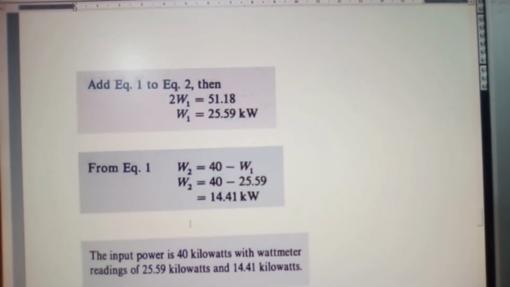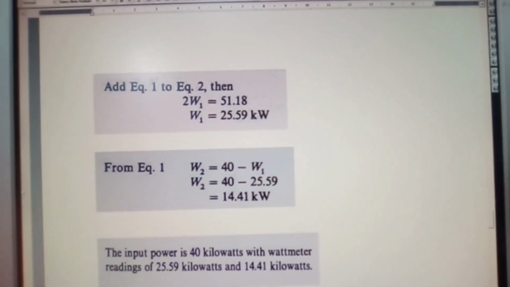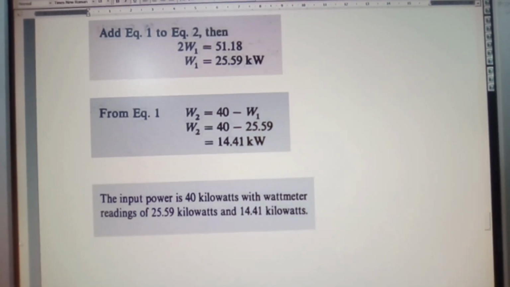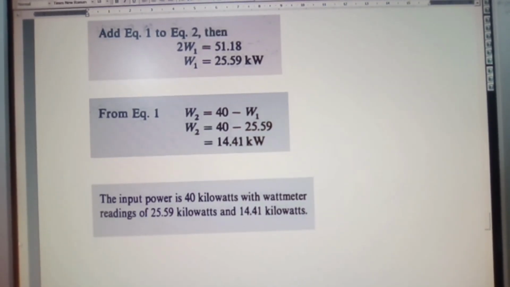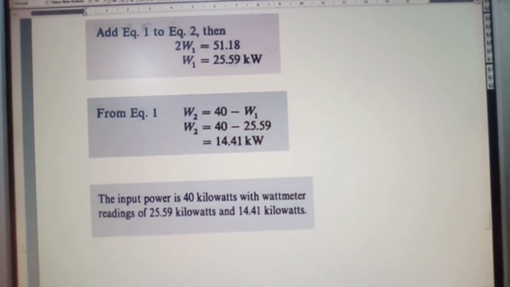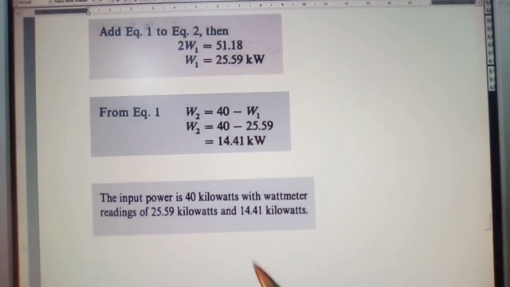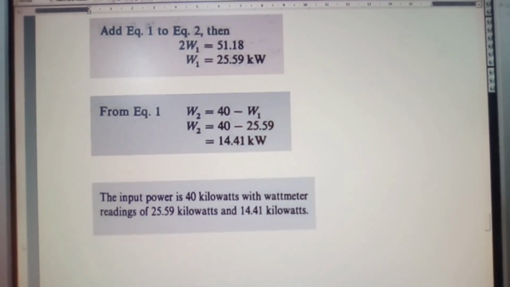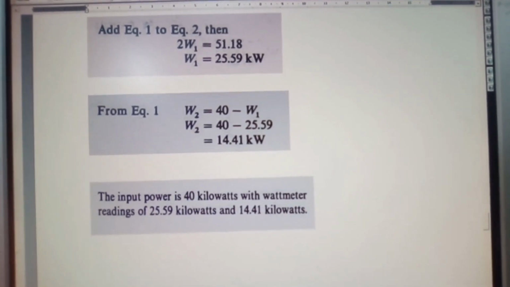Make sure you know how we got it. And here we have the input power is 40 kilowatts with wattmeter readings of 25.59 kilowatts and 14.41 kilowatts.